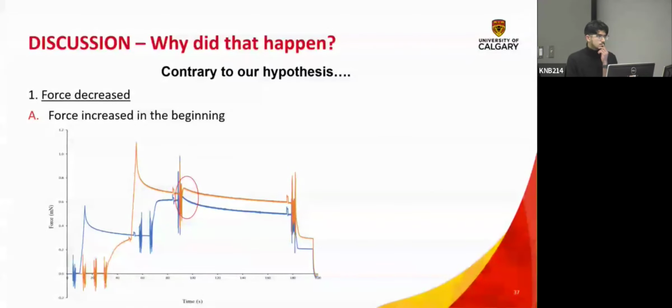So if you go into a Rigor solution and we assume more cross bridges attached, which seems to be supported by the increase in stiffness, but at the same time we assume that force is lower, which it seems to be, at least at the end there, then purely based on the cross-bridge theory, that would mean, as you said, that you have less force per cross-bridge.